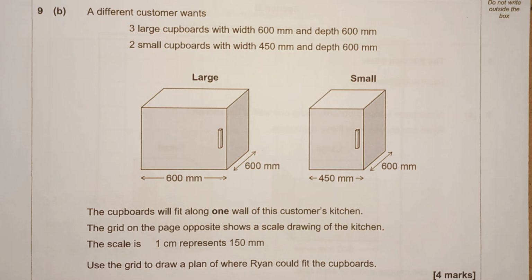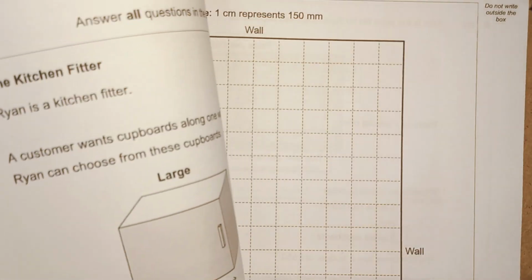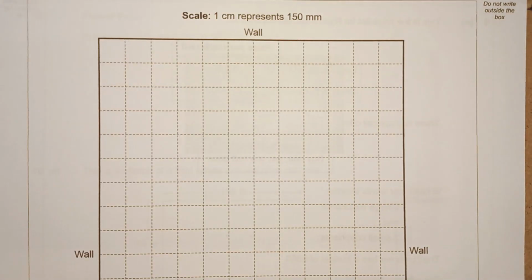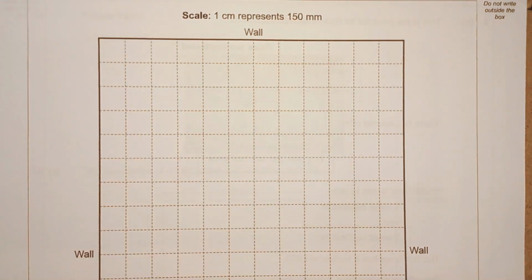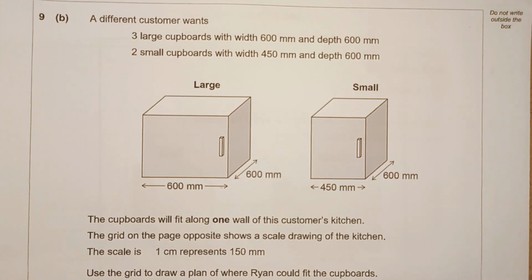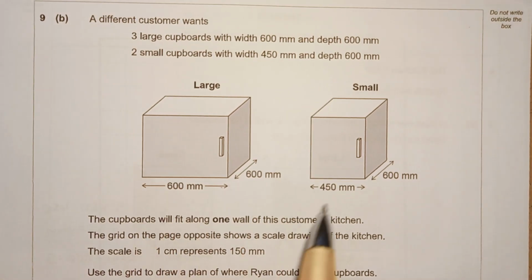Okay, let's have a quick look at our grid. Okay, and we've got that 1 centimetre represents 150 millimetres. So if we go back to the question, instead of millimetres, we want to turn this into squares, or 1 centimetre squares.